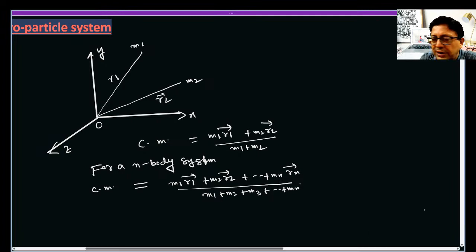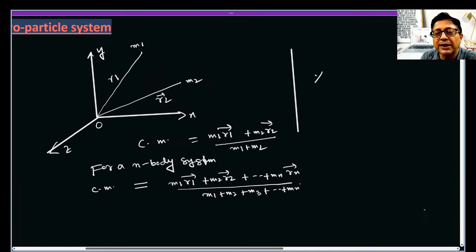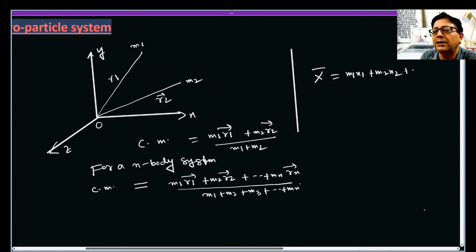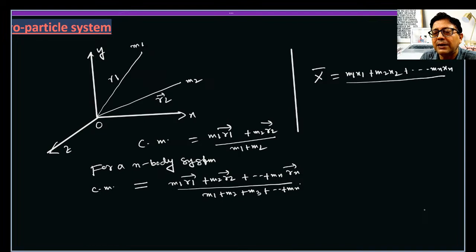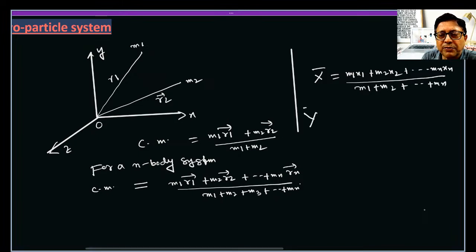Now what is the Cartesian equivalent of this? If you find the position of center of mass, the x coordinate, x bar will be what? M1 x1 plus M2 x2, for n-body system we are writing, plus Mn xn by M1 plus M2 plus Mn. Y bar will be what?